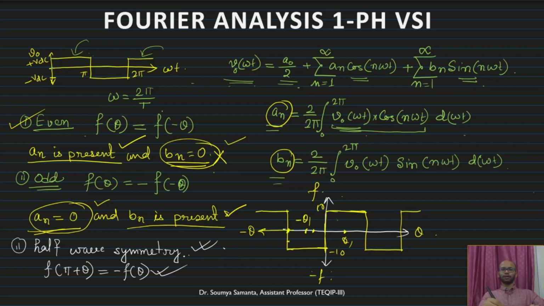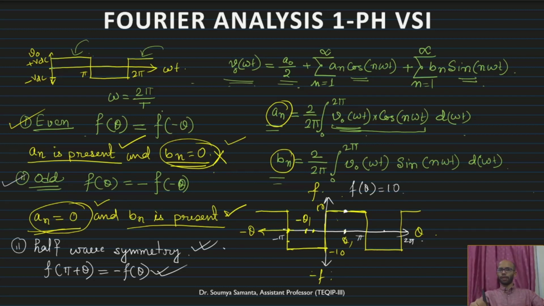Obviously in that case we will get half wave symmetry along with odd symmetry. Now let us check this condition. Suppose this is theta 1. Let us say this is pi, this is 2 pi, this is minus pi, and so on. So the value f of theta 1 equals 10.